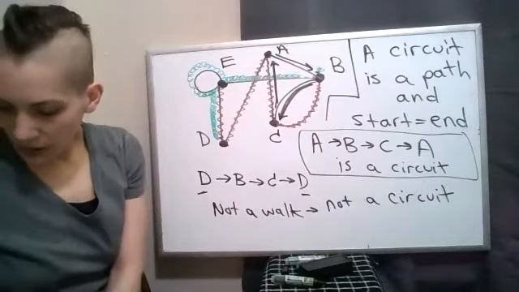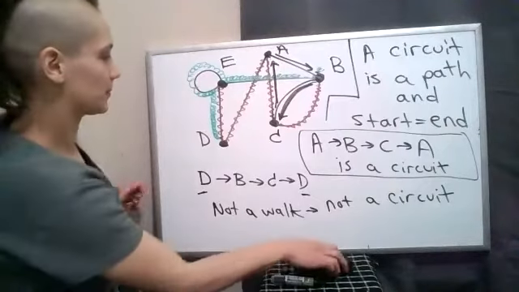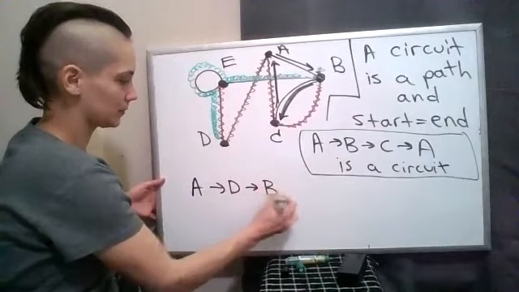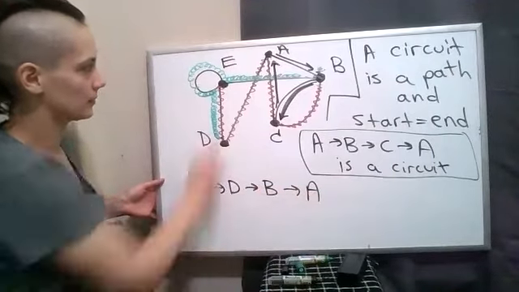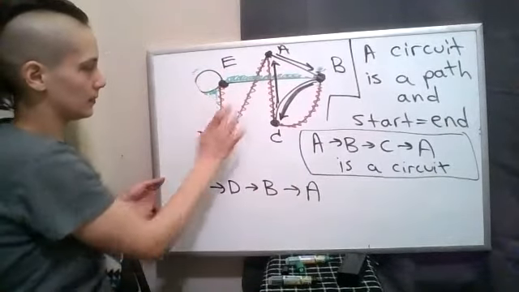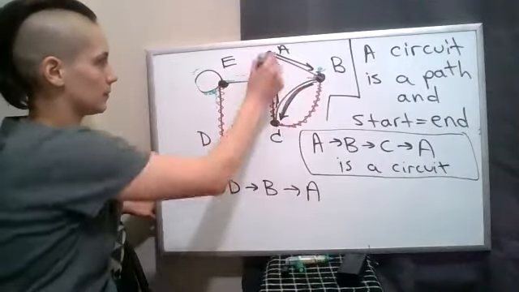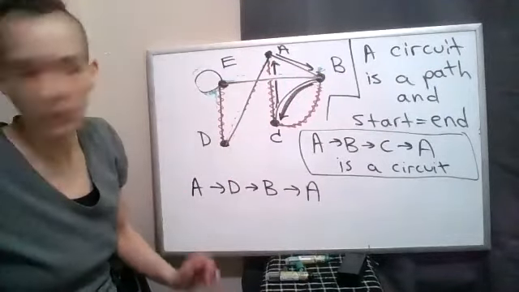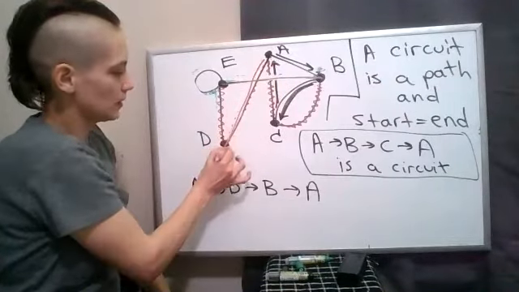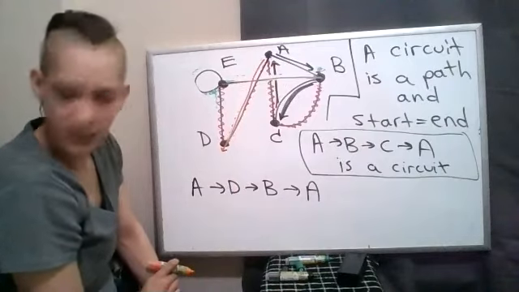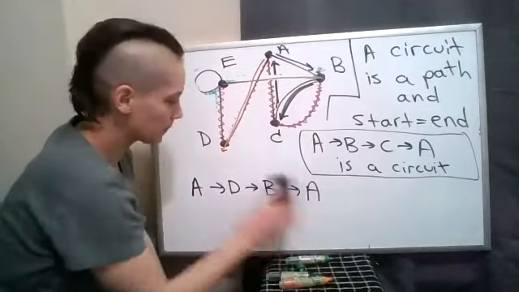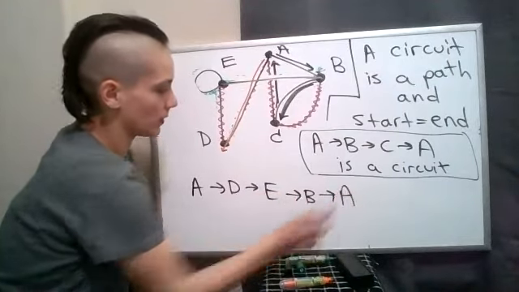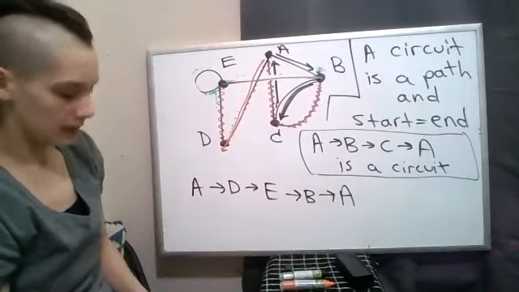And the book's got A, D, E, B, A. Okay, so we're going from A over to D. And go up to, A to D to E to B to A. That's what we're trying.